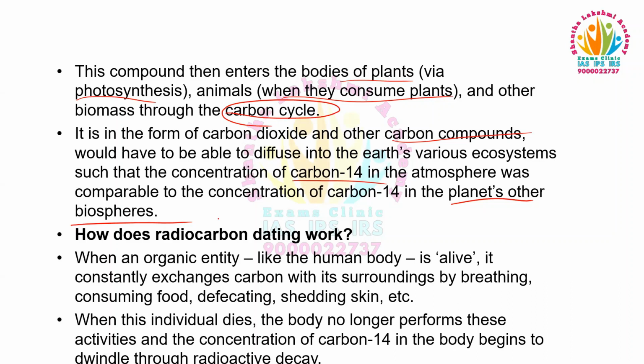When an organic entity like the human body is alive, it constantly exchanges carbon with its surroundings by breathing, consuming food, defecating, and shedding skin. When this individual dies, the body no longer performs these activities, and the concentration of carbon-14 in the body begins to dwindle through radioactive decay.